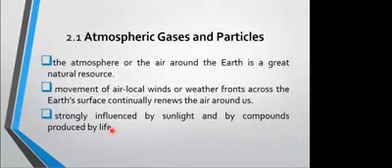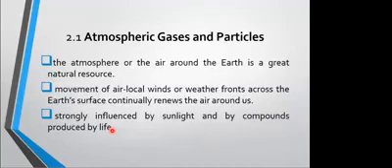Let's now move on to atmospheric gases. The atmosphere, or the air around the earth, is a great natural resource. The movement of air, local winds, or weather fronts across the earth's surface continually renews the air around us, and it is strongly influenced by sunlight and by compounds produced by light.